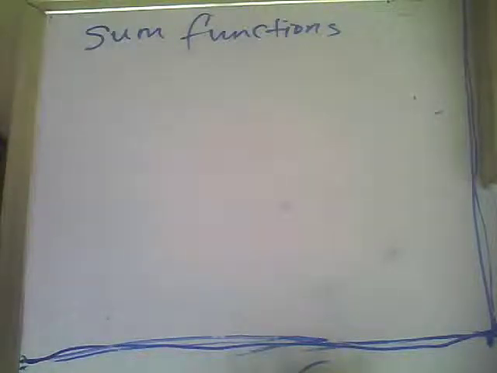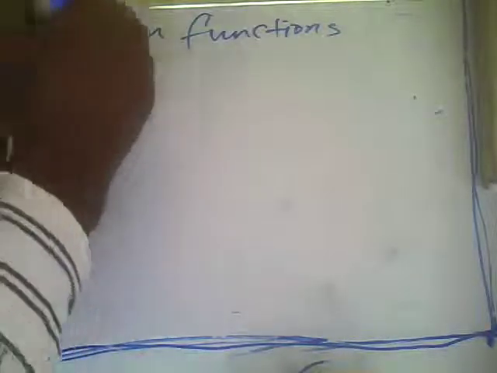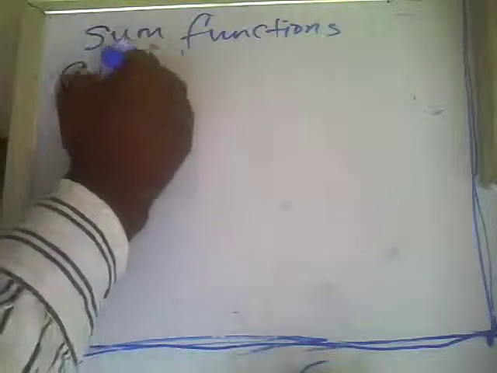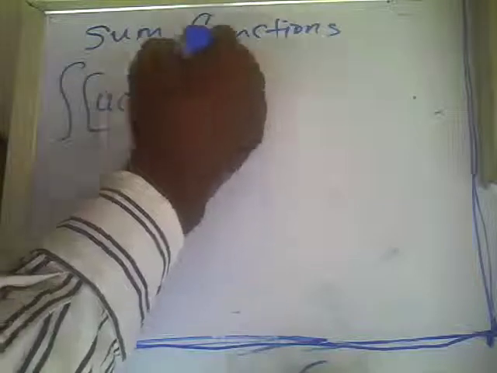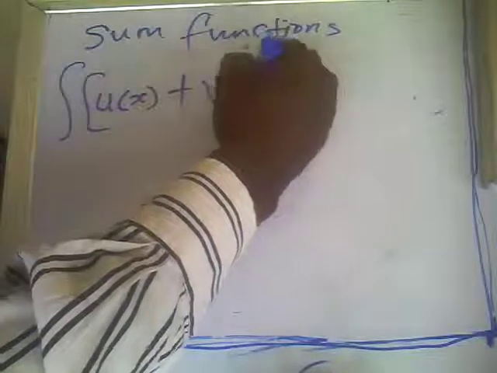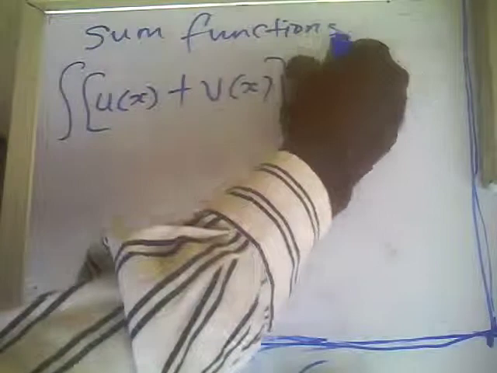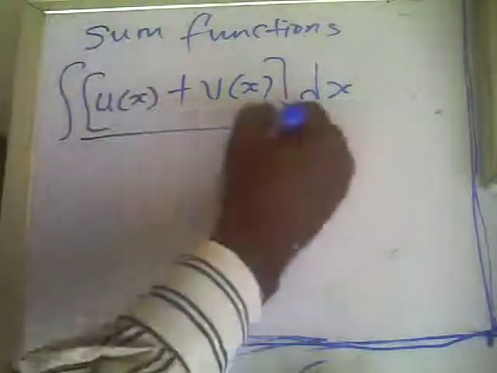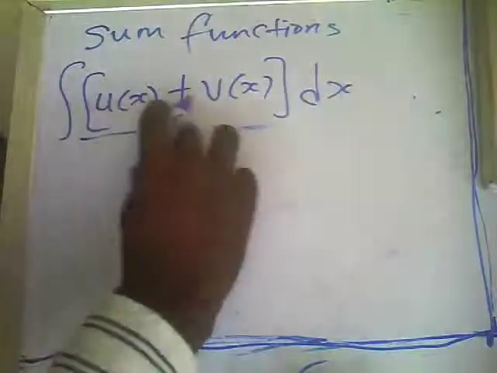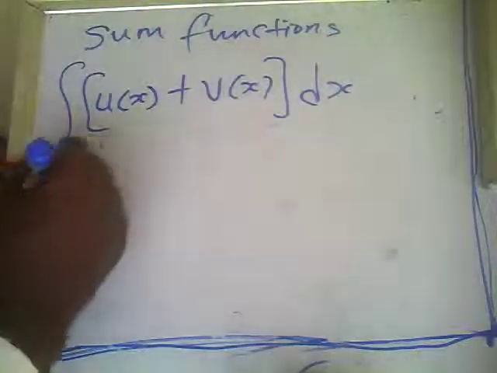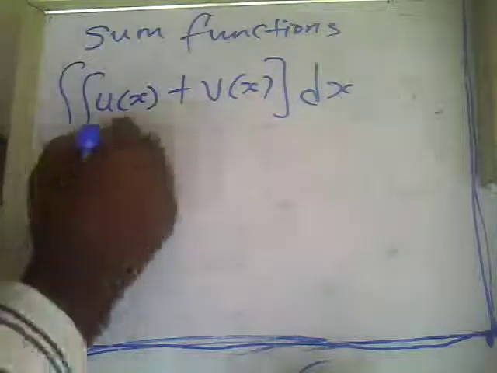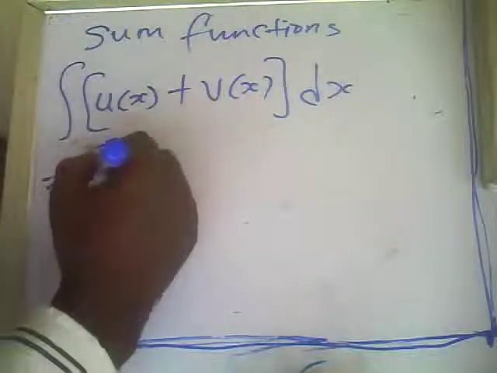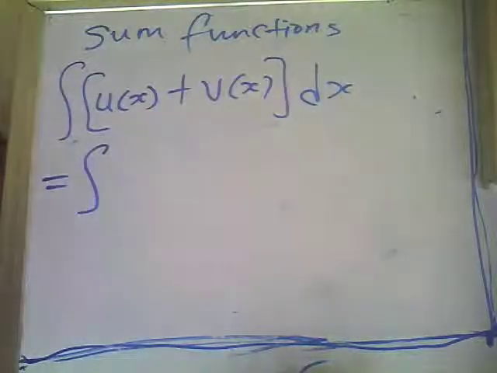Now let's say we have the integral of u of x plus v of x, then dx, and you want to integrate this. This is the integrand. What we do is find the integral of each term in the bracket.